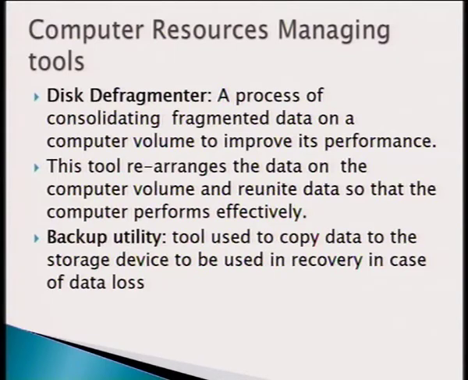The RAM, random access memory, is one of the most important resources of our computer. The RAM, the CPU, central processing unit, the one that does the processing of information, and the storage device, mainly our hard drive where we store our information.